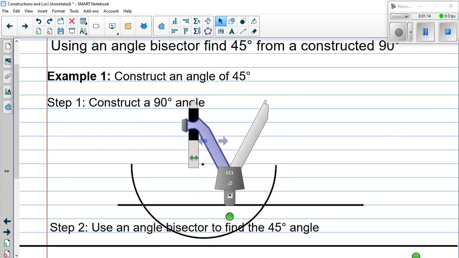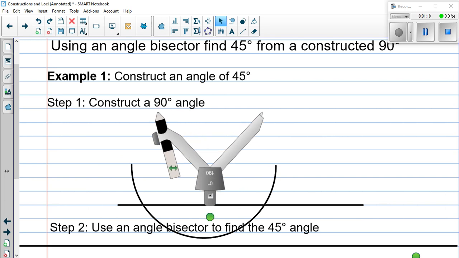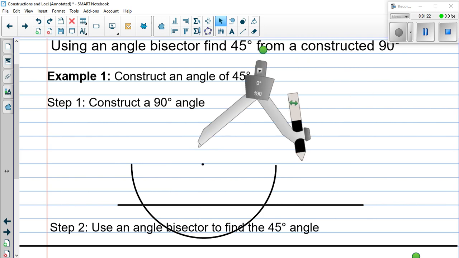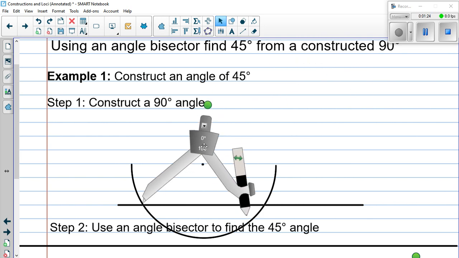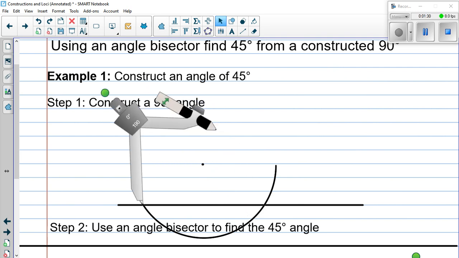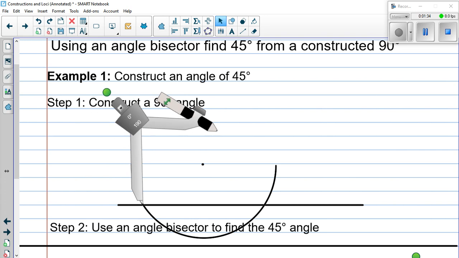Then what are we doing? At this point, we make it a little bit bigger, or a lot bigger, however you'd like to do it. And then we place it back on where our arc intersected our line. Okay? So right there. And then above our point is where we're going to draw an arc. I apologize, mine's not drawing right now.